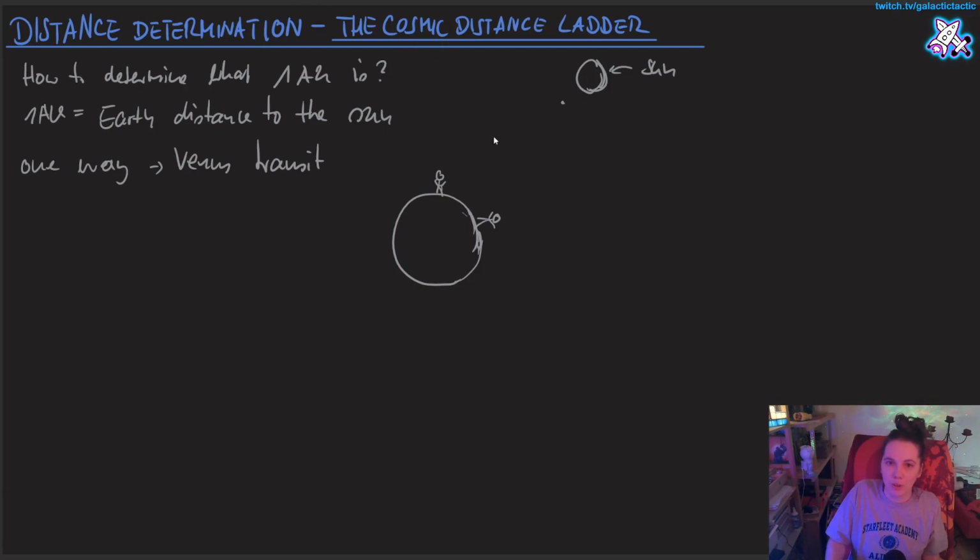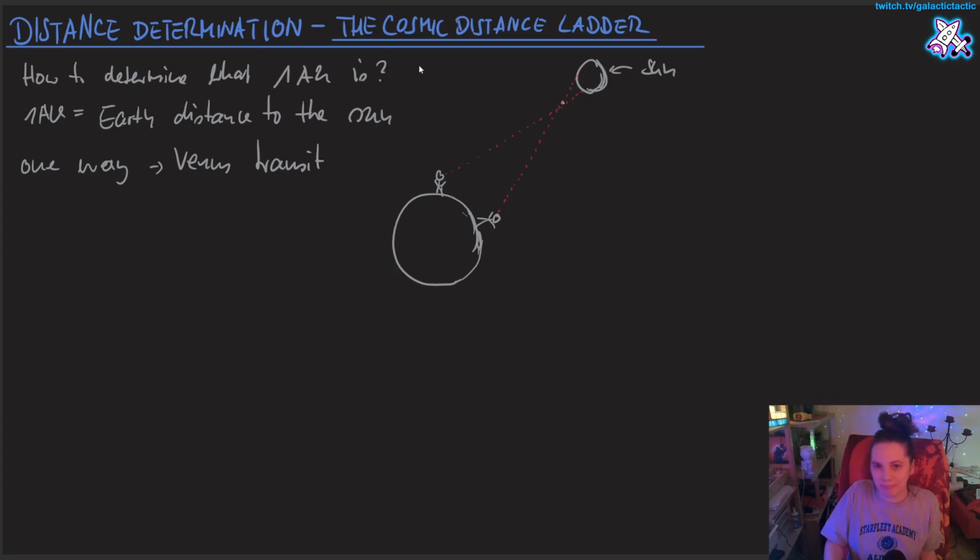So Maximus is looking at Venus to the Sun. His line of sight makes it that Venus is there, in front of the Sun. Now Vash is here, also looking at Venus. The line of sight is different, and oh my god, you're lying, Maximus, it's not actually there, it's there.